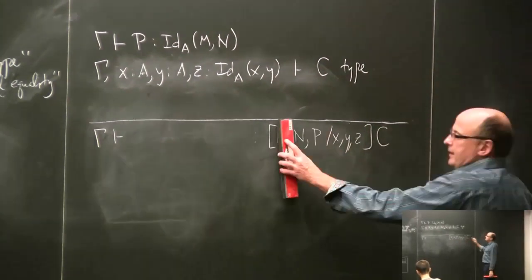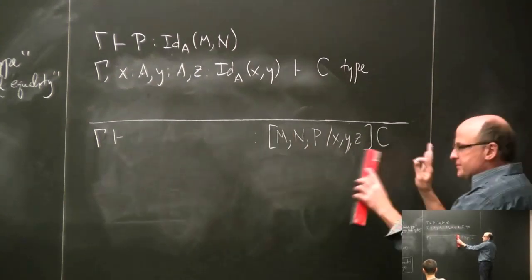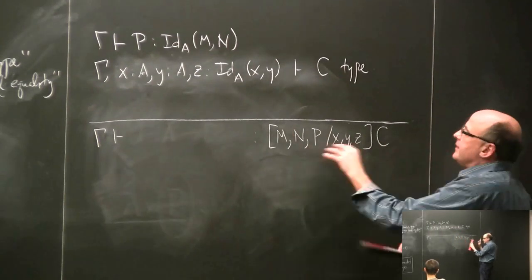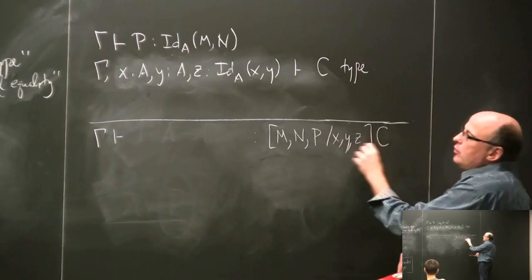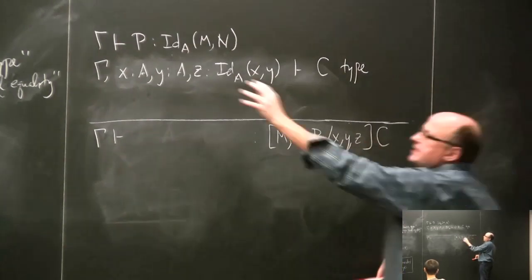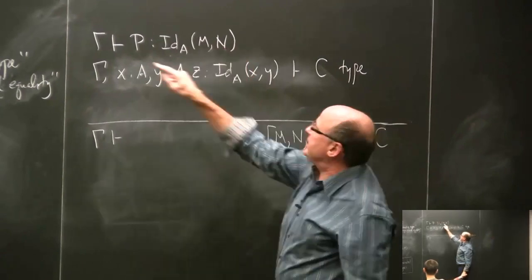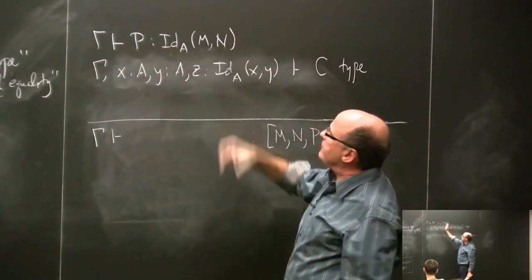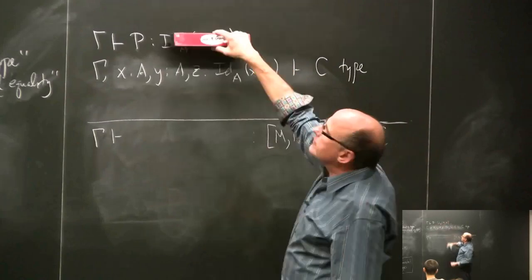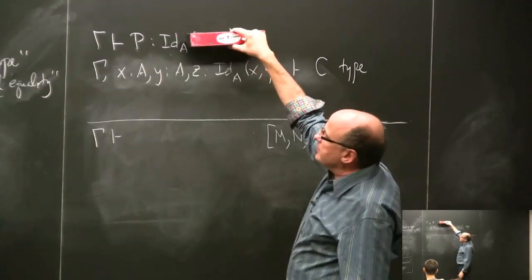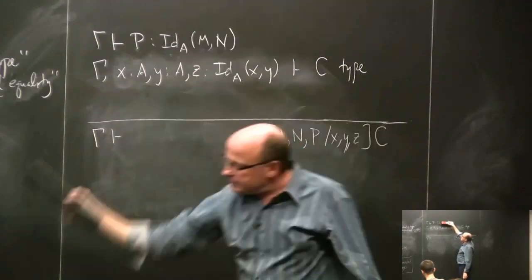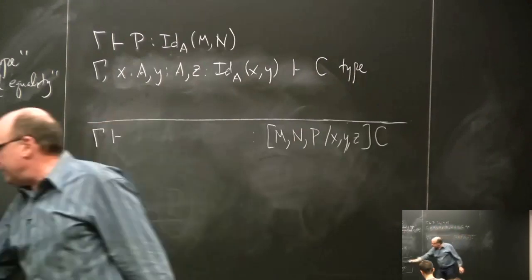So that's the idea. If you just suppress this for a minute, I'm still making the same point, which is that I want the property to hold for the particular scenario I'm in. I forgot to plug in all the data. So M, N, and P are the data. Because this is an inductively defined family, it's not inductively defined with M and N fixed. It's simultaneously inductively defining the whole thing.